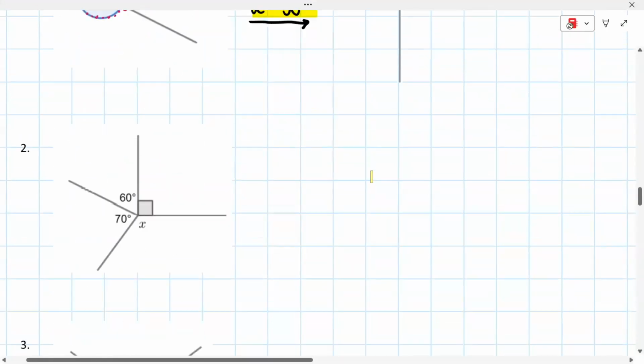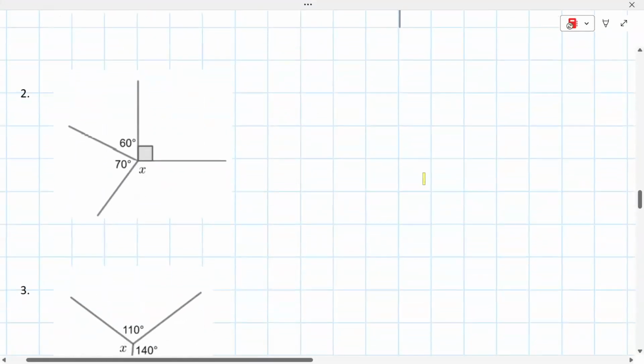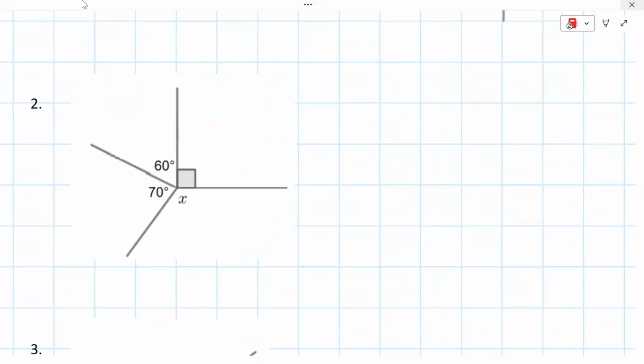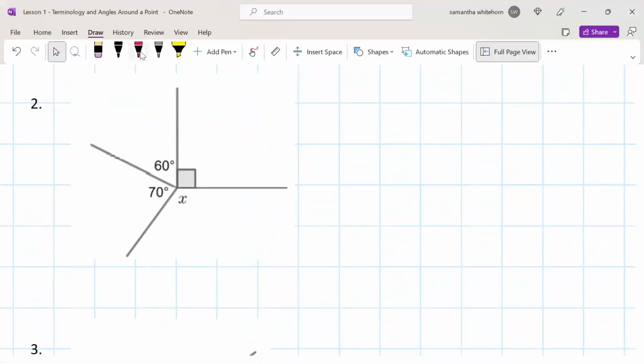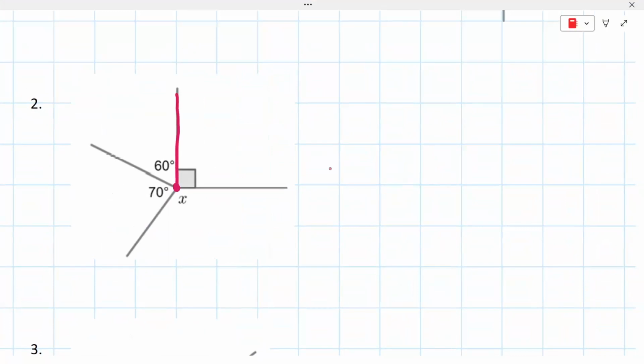Right, let's have a look at another one. If we look here at question 2, we can once again see that we've got a couple of angles. But really importantly, I can see that they all come from a central point. All of the arms creating the angles come from this one central vertex.